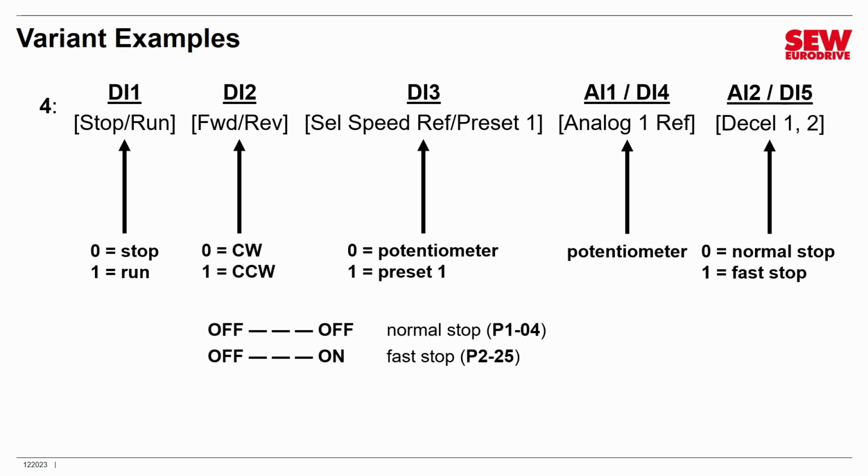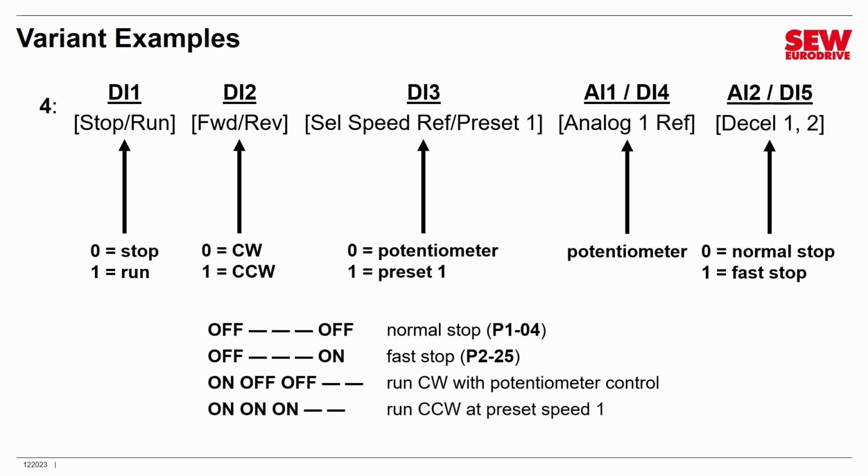You usually set that to a faster ramp than the normal one. If digital input 1 is on, digital input 2 is off, digital input 3 is off, you're going to run clockwise with potentiometer control. And if digital inputs 1, 2, and 3 are all on, you will run counterclockwise at preset speed number 1, whatever that's set to.